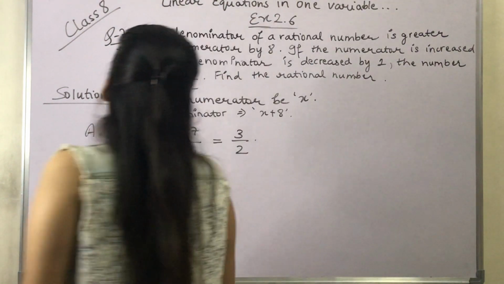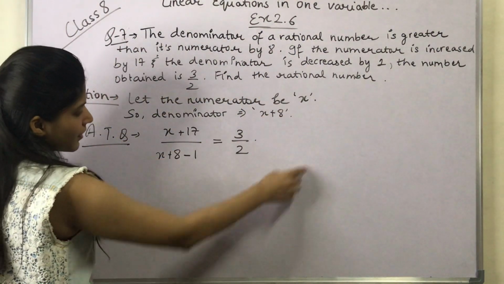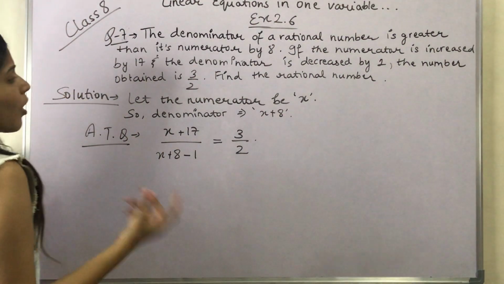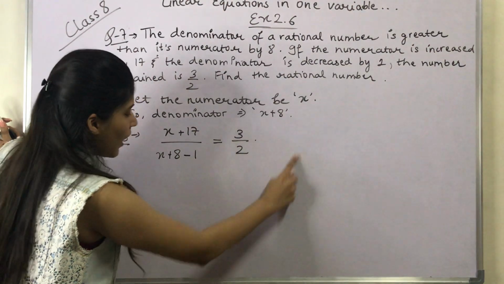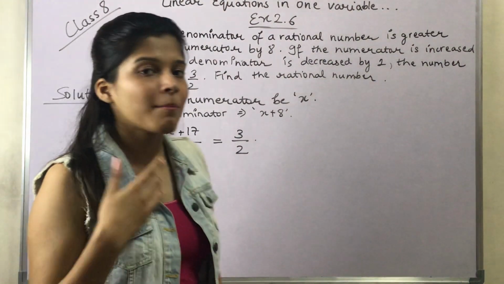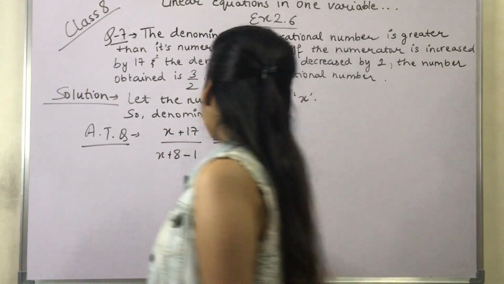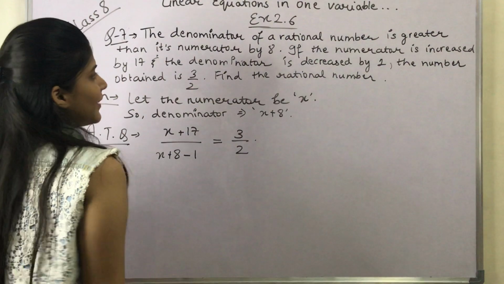See, the question says if the numerator is increased by 17, we increase the numerator by 17, x plus 17, then the denominator is decreased by 1. अब denominator already x plus 8 था, so x plus 8 में से 1 minus कर दिया. See, x plus 8 minus 1, that will give us 3/2. ये question में given था, so we have to find the rational number.